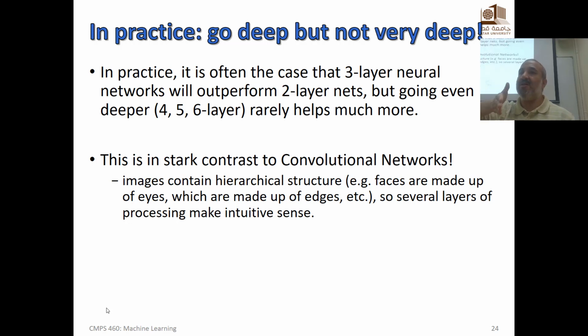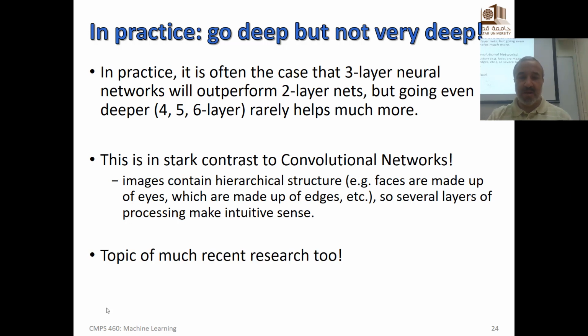The first layer might detect edges in the image. The second layer, from these edges, will detect eyes and noses and mouths and so on. The third layer maybe detects faces from the previous layer and so on. So in detecting objects from images, it's intuitive to need more layers. In convolutional networks, of course, we have many more layers than usual.